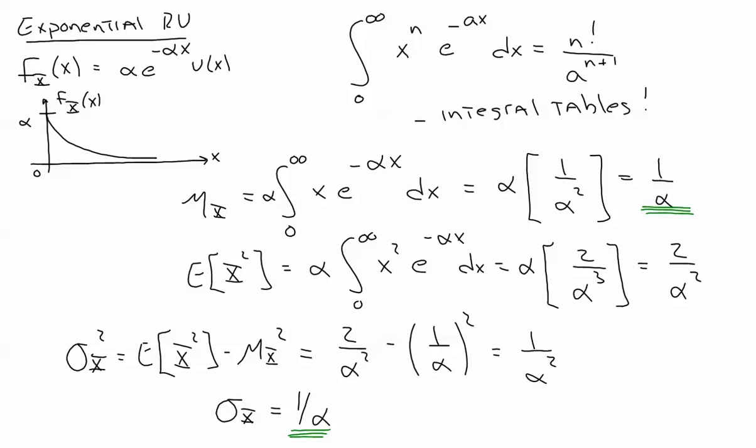The mean value is 1 over alpha, and the standard deviation, which is the average spread of values about the mean value, that's also 1 over alpha. So this is my mean value. The standard deviation is 1 over alpha. The mean spread of values about the mean value for the exponential random variable is, in both cases, 1 over alpha.